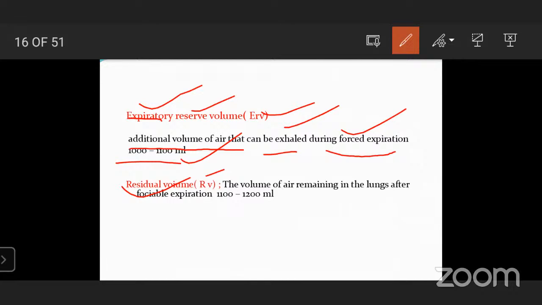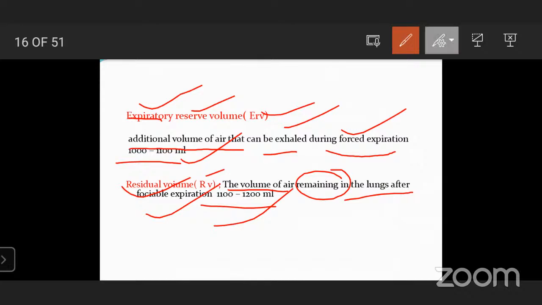It is the volume of air remaining, that is, stored in the lungs after forcible expiration, 1,100 to 1,200 ml. That is called RV.